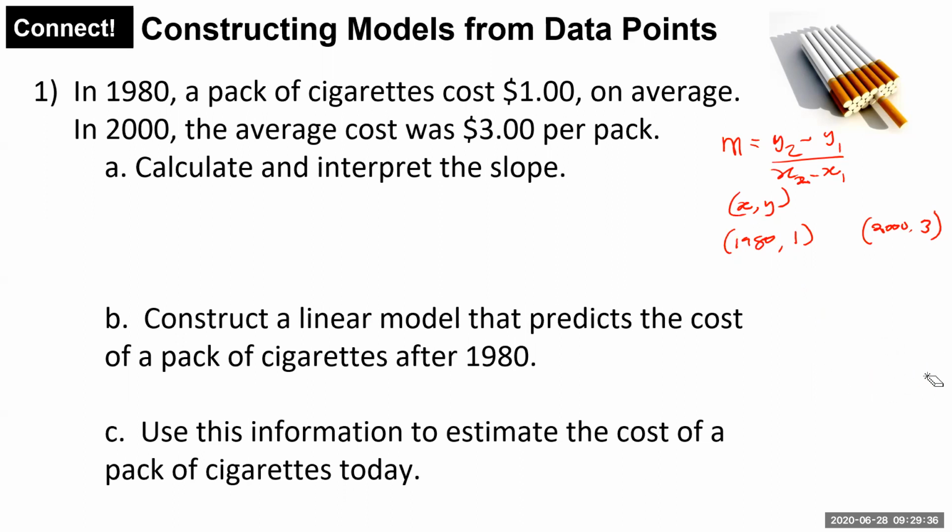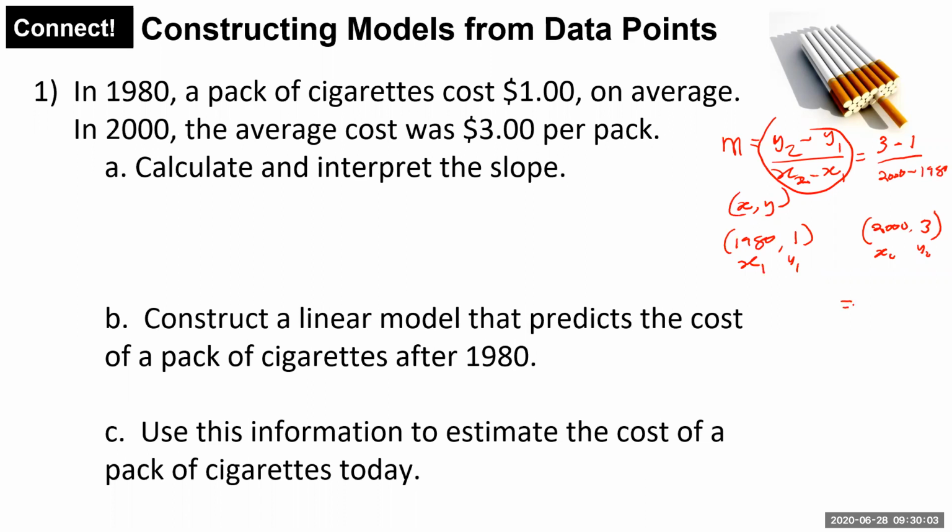So to find the slope first, this will be our x1, this will be our y1, this is x2 and y2. Now we plug it in. y2 is 3, y1 is 1, x2 is 2000, and x1 is 1980.